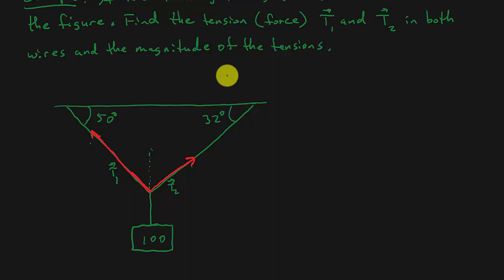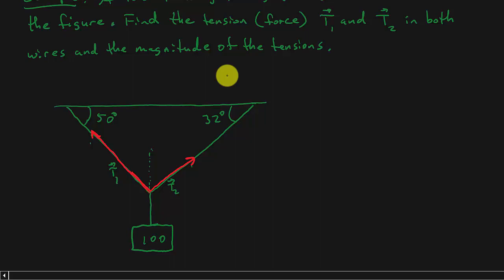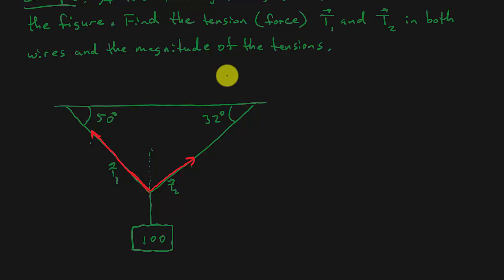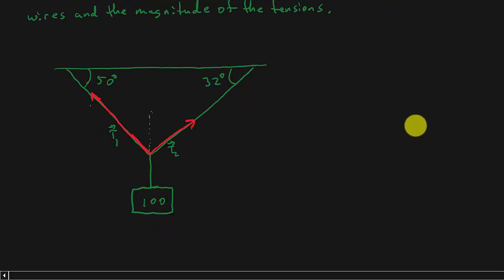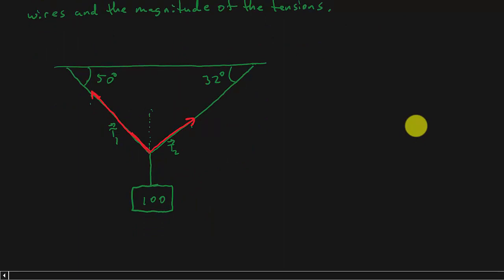Well, we need to get the horizontal and vertical components of T1 and T2. We're going to write them in the i, j form. So let's look at this.